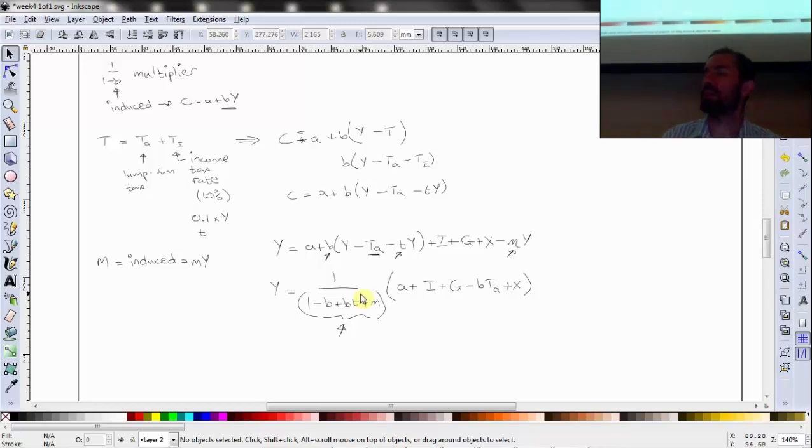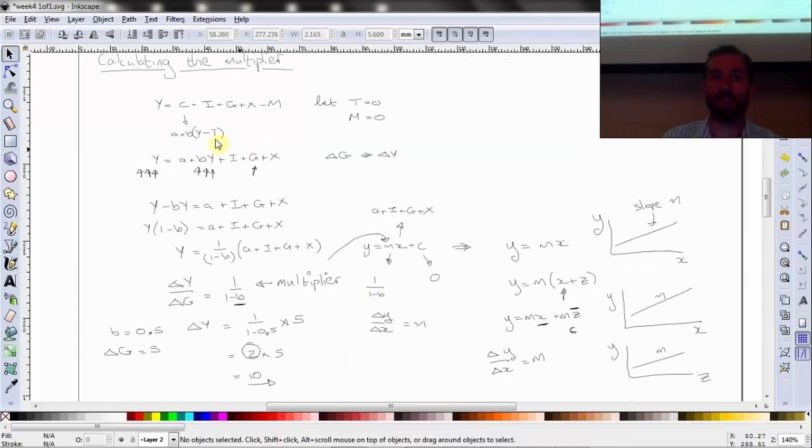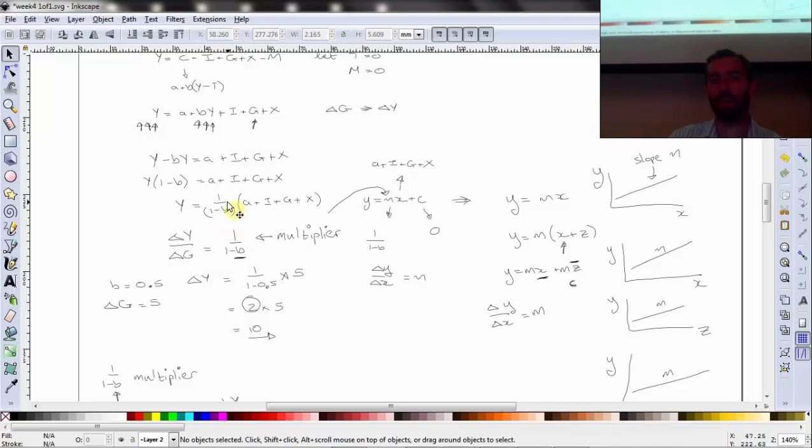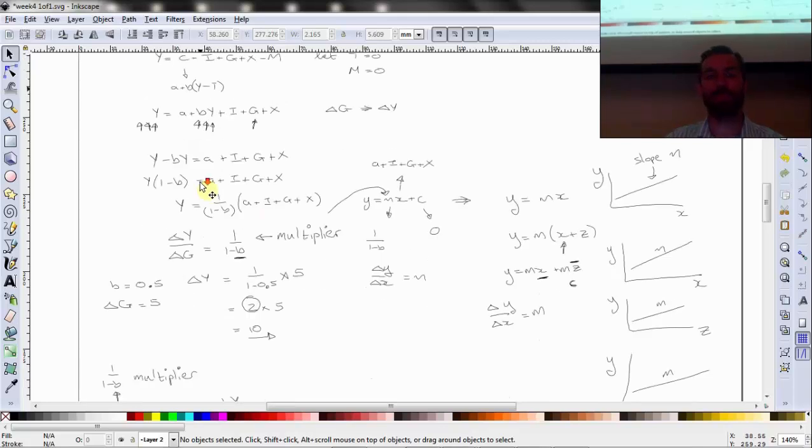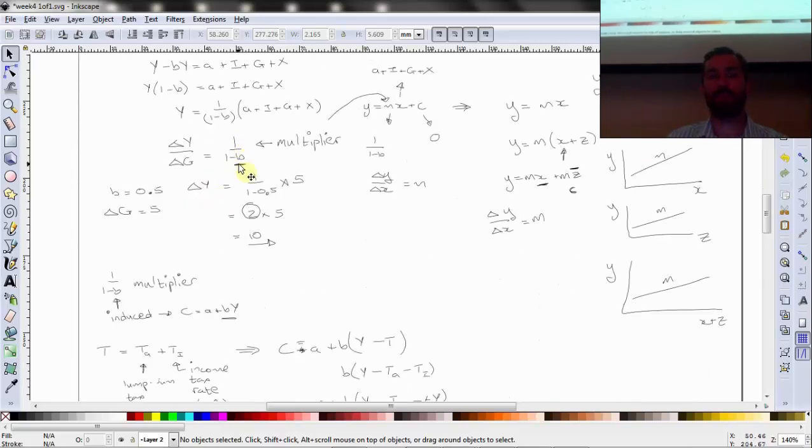When we looked at this last week, we did a basic multiplier equation. We saw that if we treated taxes as equal to 0 and imports as equal to 0, so that consumption is the only induced component of expenditure, then our multiplier depends only on the slope of the consumption function. In other words, consumption is the only induced variable, so it's the only variable that enters into the multiplier.